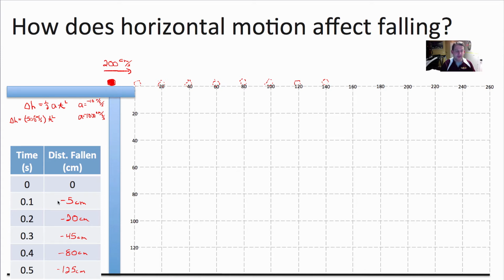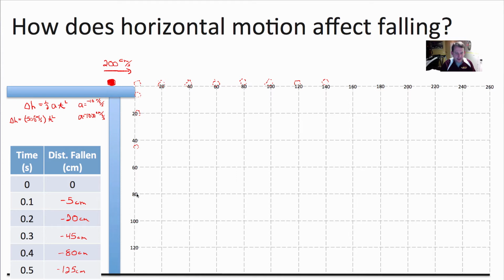So let's plot these. This ball, if it wasn't moving sideways, would fall straight down to the 5 centimeter mark, right about here. And then at 0.2 seconds, it would be at -20 centimeters, which would be about here. At 0.3 seconds, it would be at -45 centimeters, which is about here.